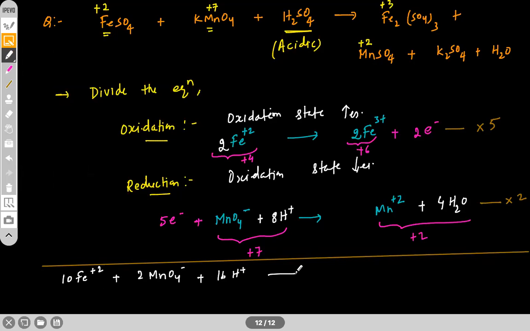Now on the product side, 5 into 2, we have 10 Fe3+. 2 into Mn, 2 Mn2+. 2 into 4, 8 H2O. And electrons will get cancelled. Okay. Based on this, I want you to look at this equation. This is the balanced ionic form of this equation we have.